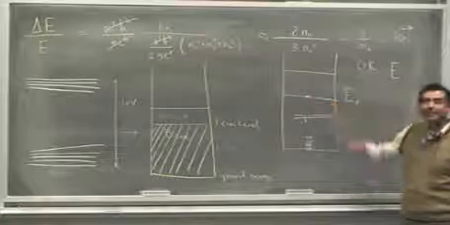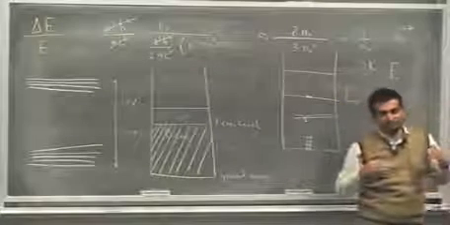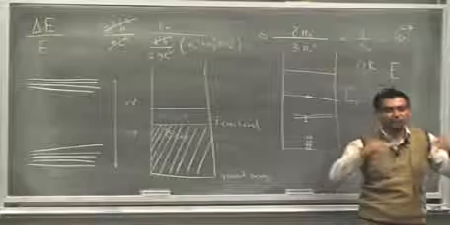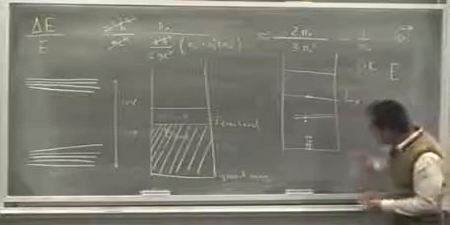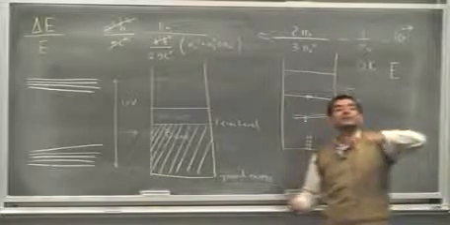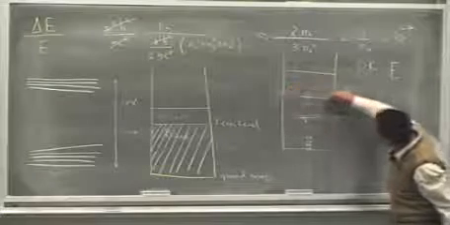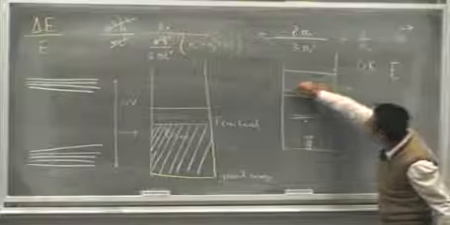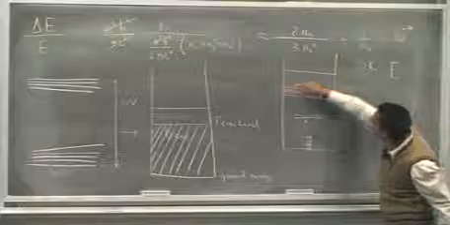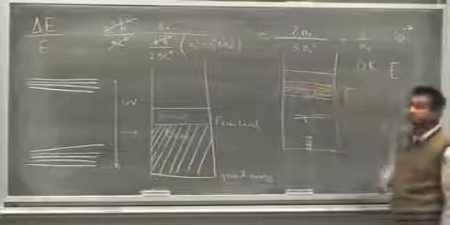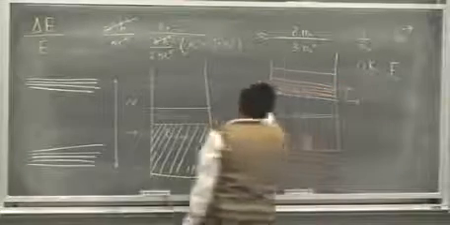Only the electrons that are at the top of the band are able to see empty levels above them in the band. So I'm drawing these empty levels by orange lines. These are empty levels, vacant levels.